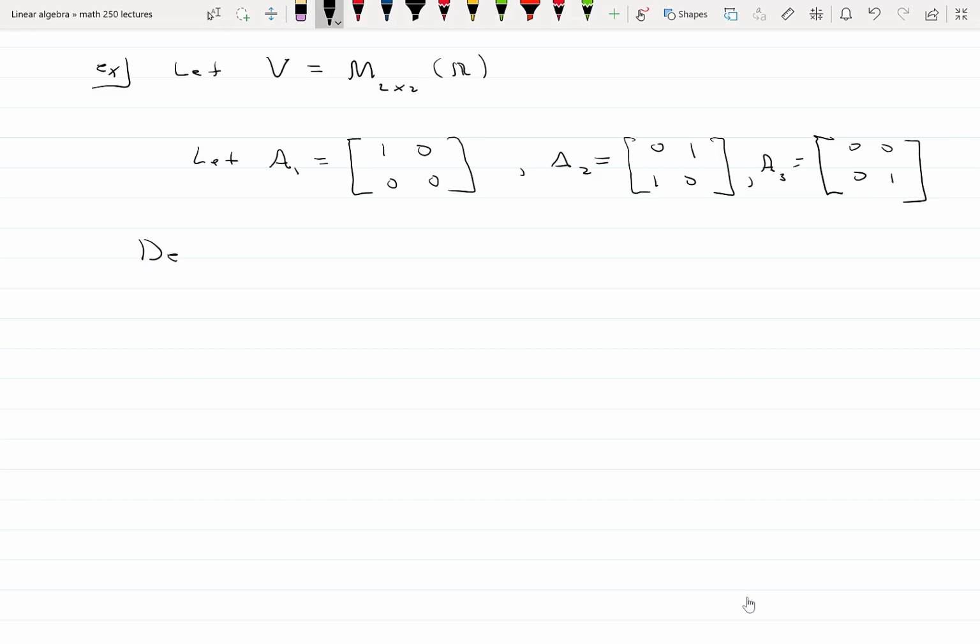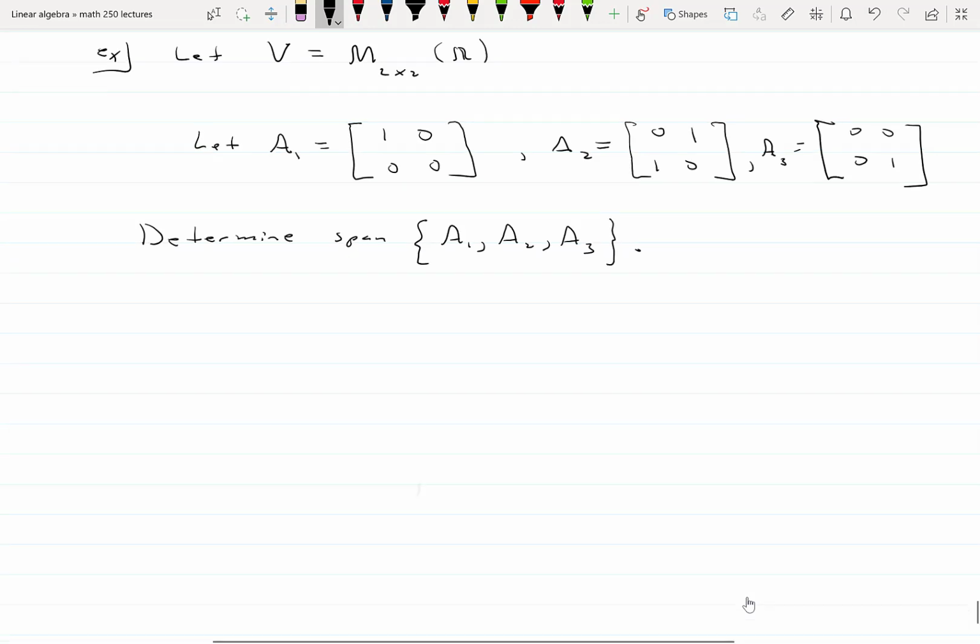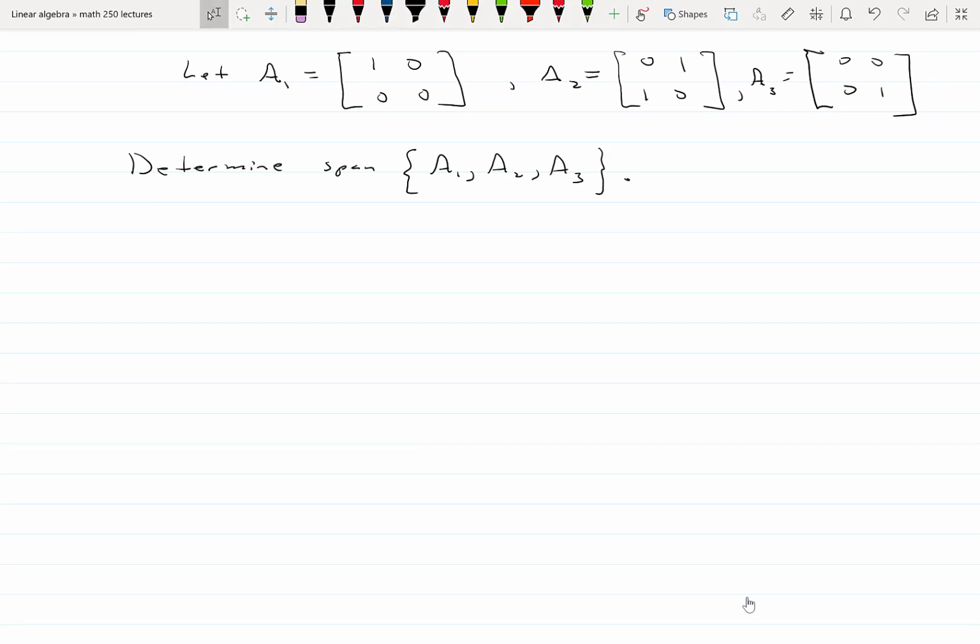Let's determine, just like we did before, the span, the set of all linear combinations of A1, A2, and A3. Well, what is the definition of the span of these 3 vectors?